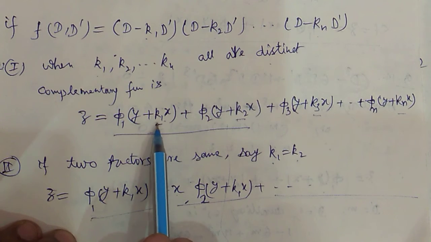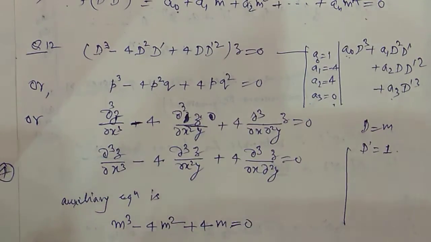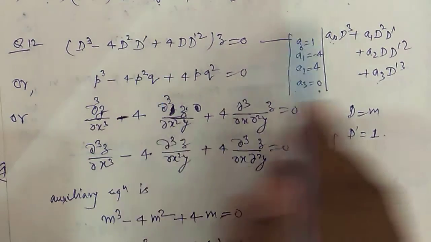Earlier we wrote the roots as k, here we are writing m. So we get the complementary function.